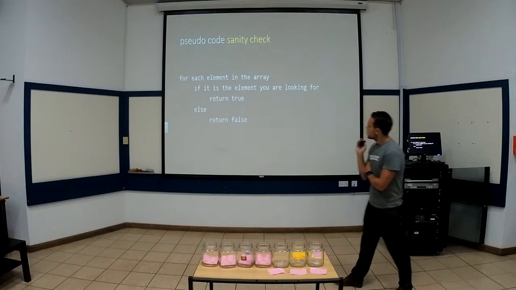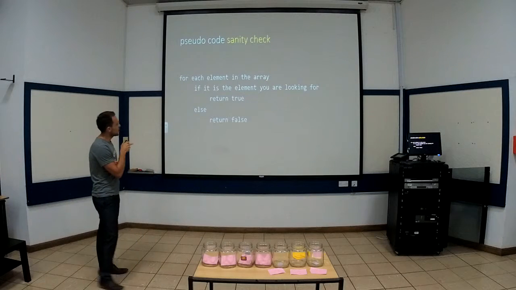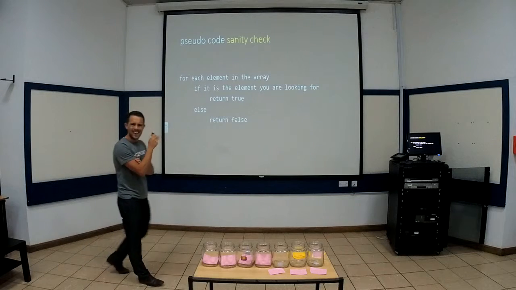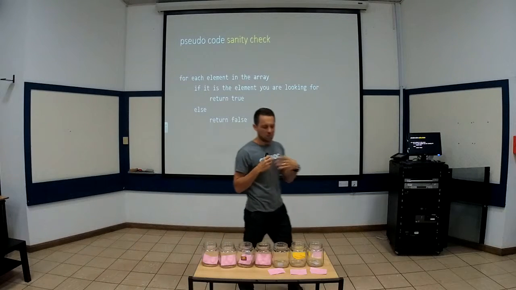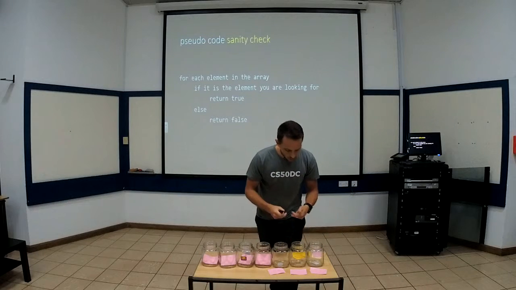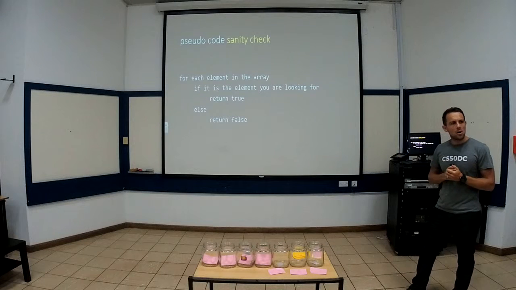Just a quick sanity check here. Someone might want to write: if it's not the one, then return false, and then go back up again and check it again. Why is that not correct?